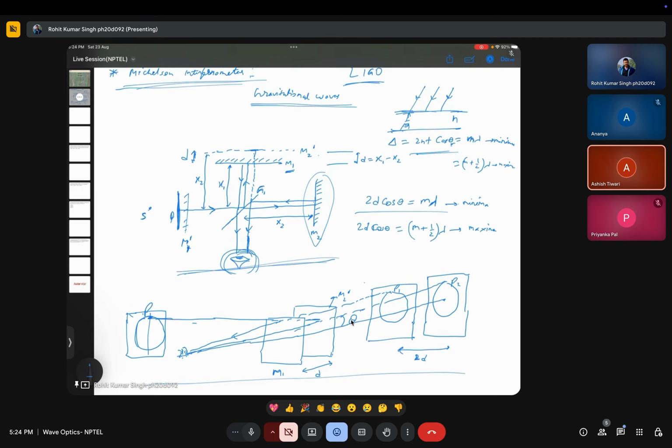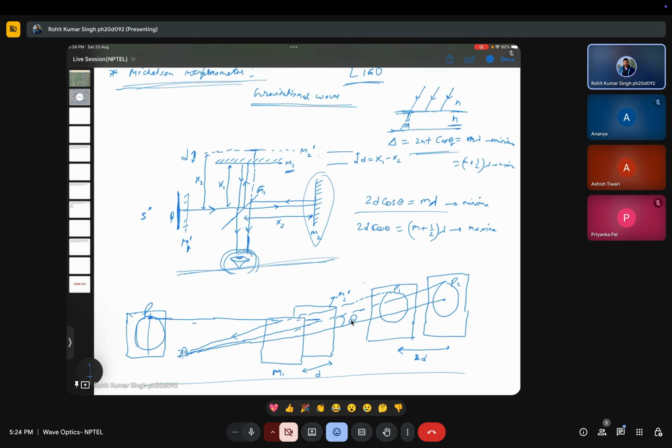But in Michelson interferometer, we are taking the condition in the transmitted region. Because this medium here is the same as the medium here, the angle of transmission and angle of reflection will be the same. There is no deviation in the gap between M1 and M2. You understand? So the angle of transmission is the angle of refraction here.